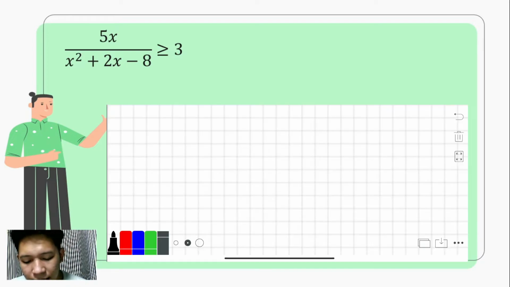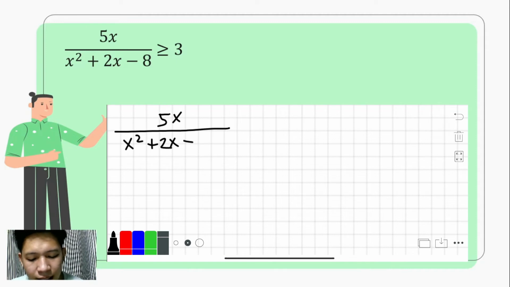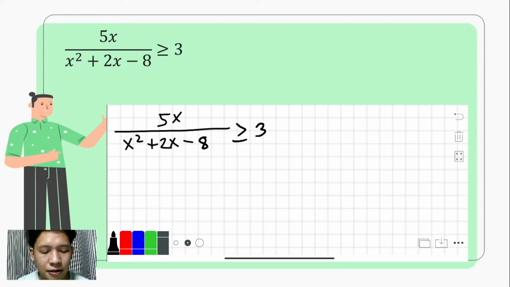Okay? So we have here 5x over x squared plus 2x minus 8. Ay, sorry. Nasanay na sa infinity. So minus 8 is greater than or equal to 3. So greater than or equal to tayo, may equal to tayo. So same lang na procedure din.